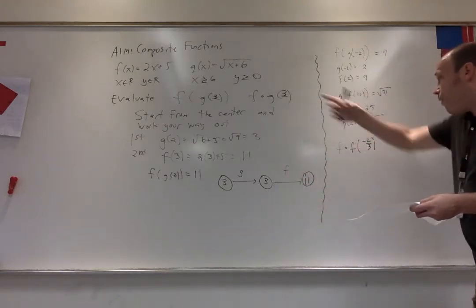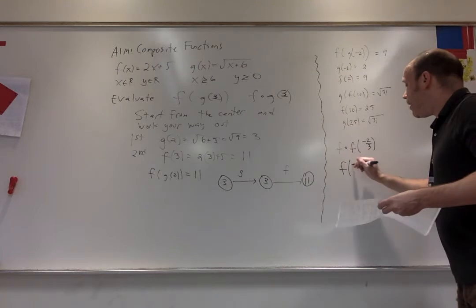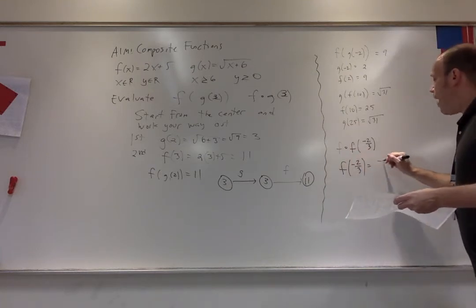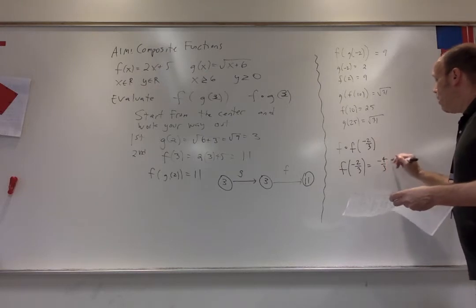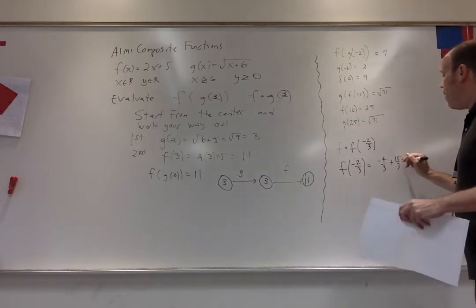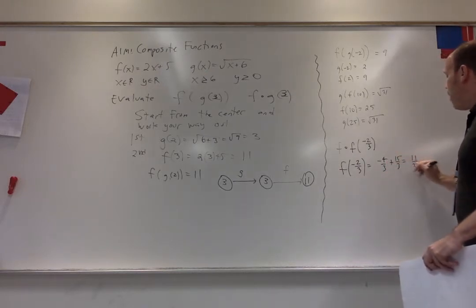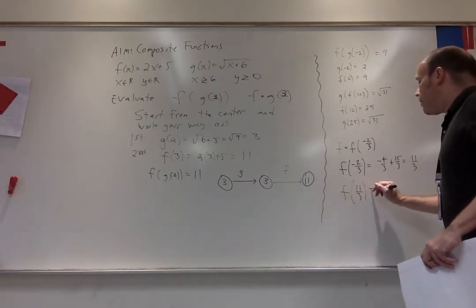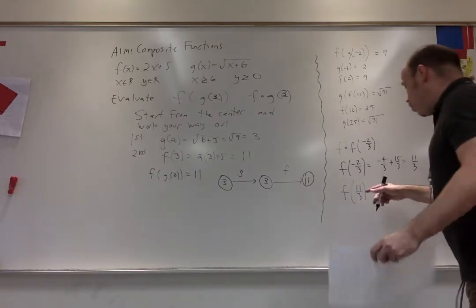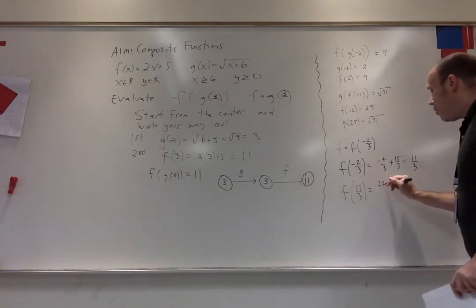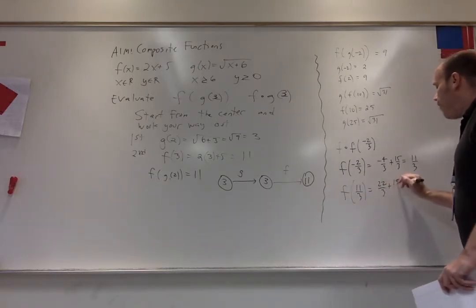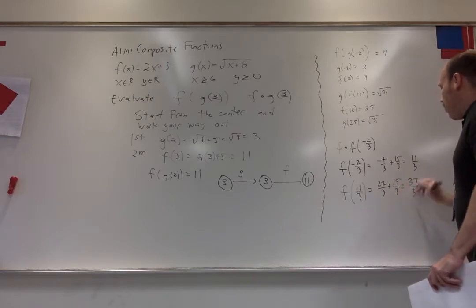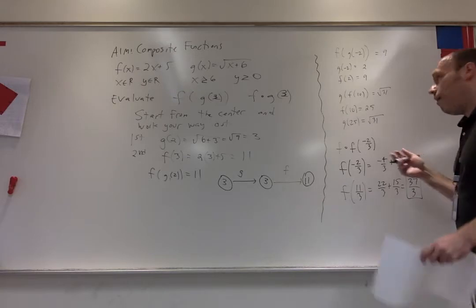So start off, first f of negative 2/3. That's equal to negative 4 over 3 plus 15 over 3, which equals 11 over 3. And then you plug the 11 over 3 into the formula, so double this plus 15 over 3. Final answer, 37 over 3. Not the prettiest answer, but whatever.